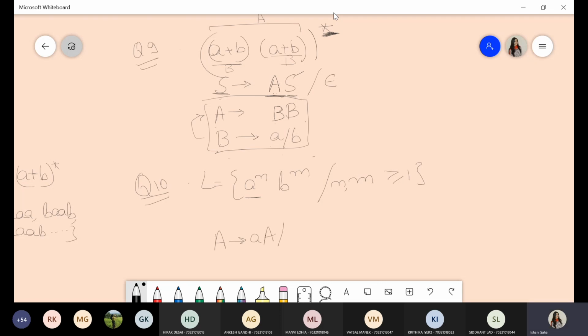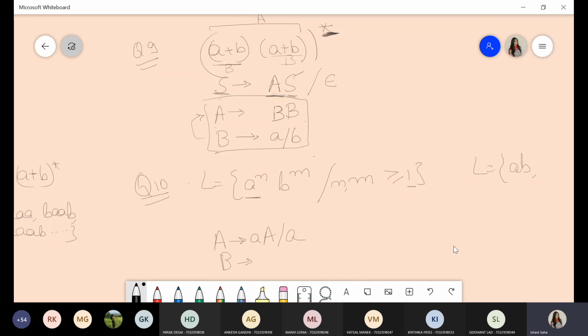And it is saying greater than or equal to 1, which means at least one has to be there. So I'm not going to write epsilon over here, because epsilon would mean that it could also be 0, and that is not the case. The smallest string possible would be AB. So it is going to be A or double A or triple A and so on.